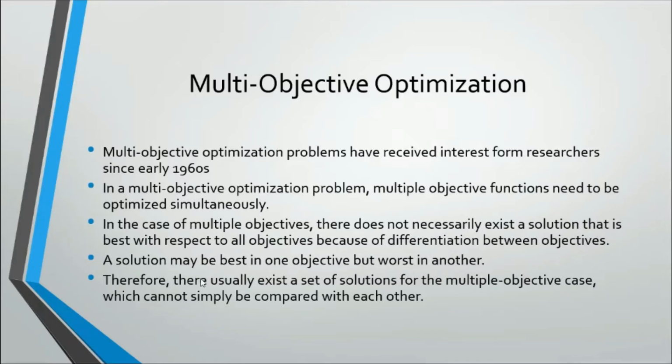That is, if you select a particular solution which is best in a certain objective, then it may be worst in another objective. If there are multiple objectives, it may be worst in all the other objectives also. That is also possible. So what we have to do in such cases is select a set of solutions of multiple objectives.